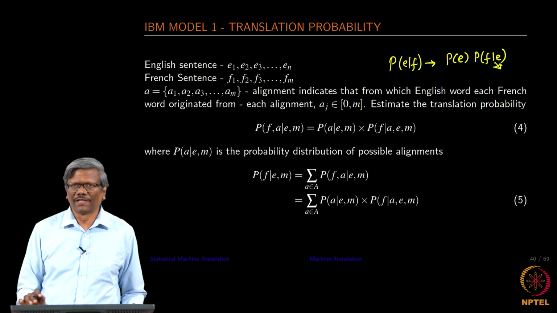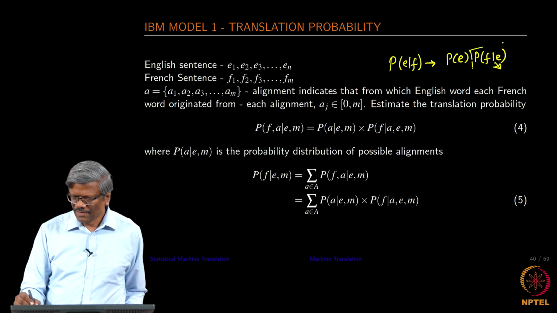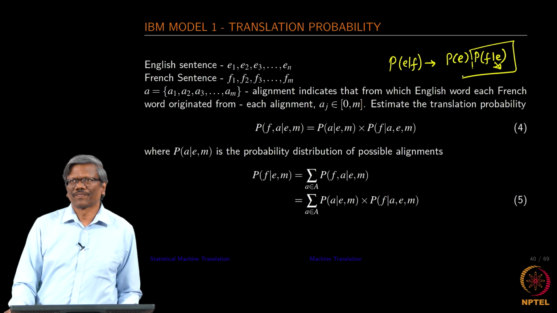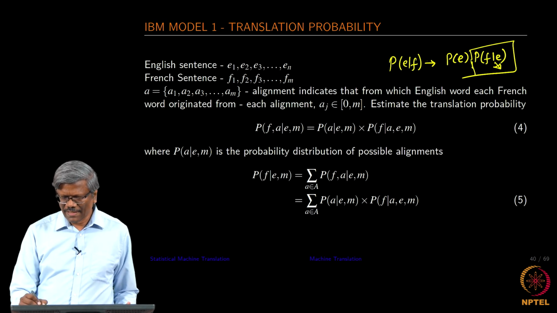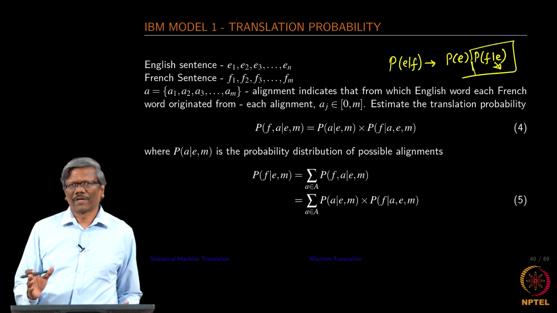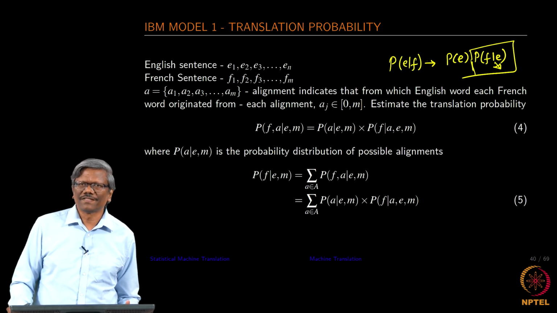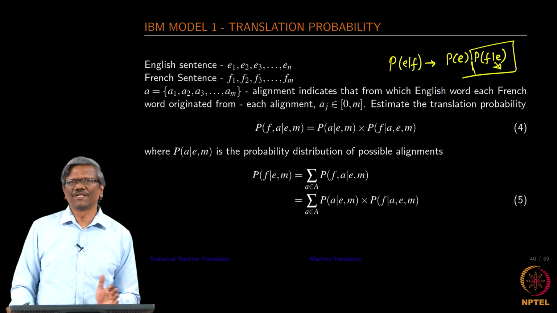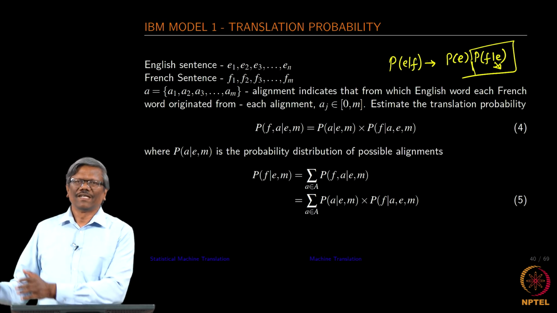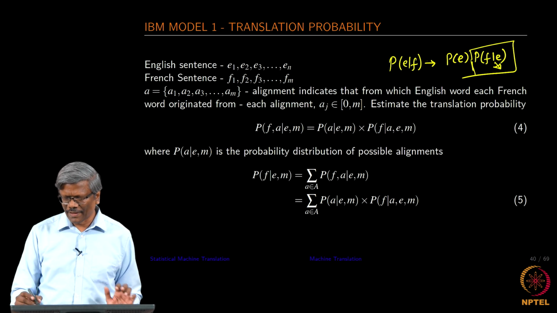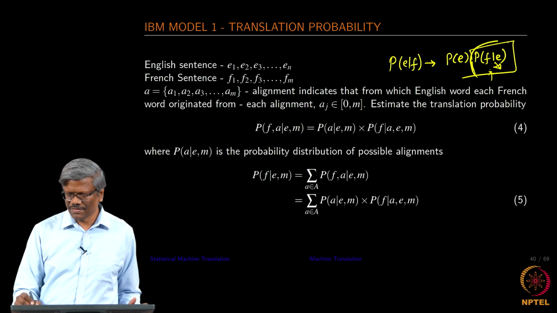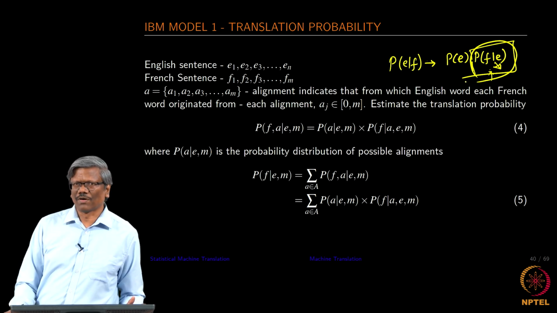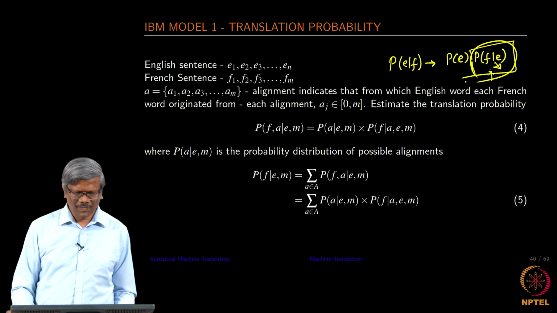Let us see how the alignments help in breaking this into smaller steps. Any model that you cannot create using the original assumption, you start breaking into small pieces, call each piece a smaller model, estimate the parameters of those models, and finally end up solving the problem. In the same fashion here, since it is not directly possible to estimate this, we choose the alignment as our option to break this into smaller chunks.